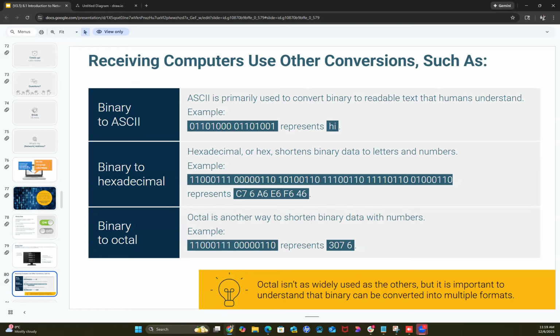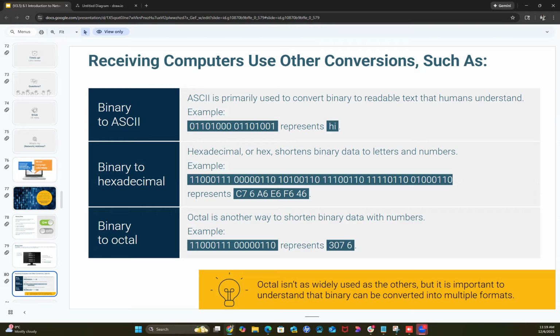The computer never understands this as hi. The computer understands 0, 1, 1, 0, 1, 0, 0, 0, 0, 1, 1, 0, 1, 0, 0, 1. This is what the computer understands, meaning hi converted to binary. Hi is ASCII. Any language, anything, write down hi, it is ASCII converted to binary.